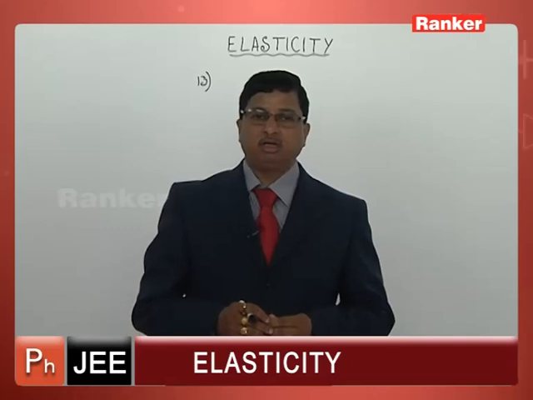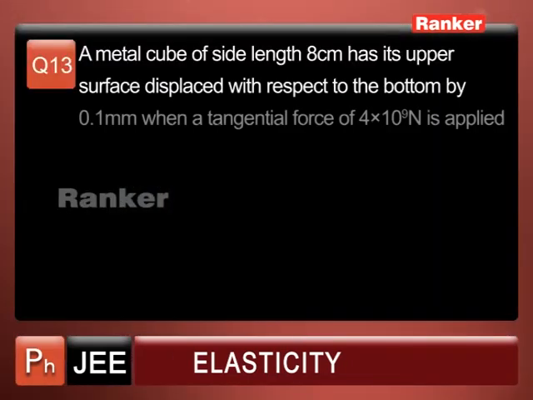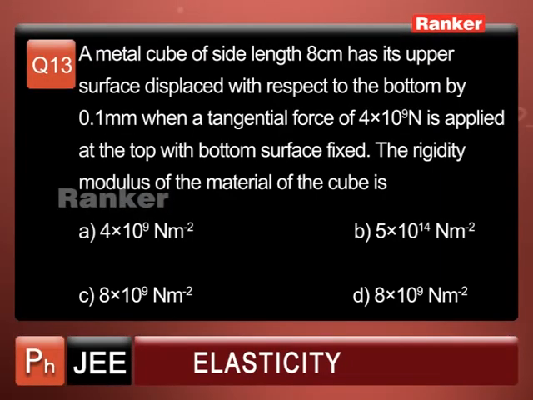Check the next number, that is problem 13. A metal cube of side length 8 centimeter has its upper surface displaced with respect to the bottom by 0.1 millimeter when a tangential force of 4 into 10 power 9 Newton is applied at the top with the bottom surface fixed.